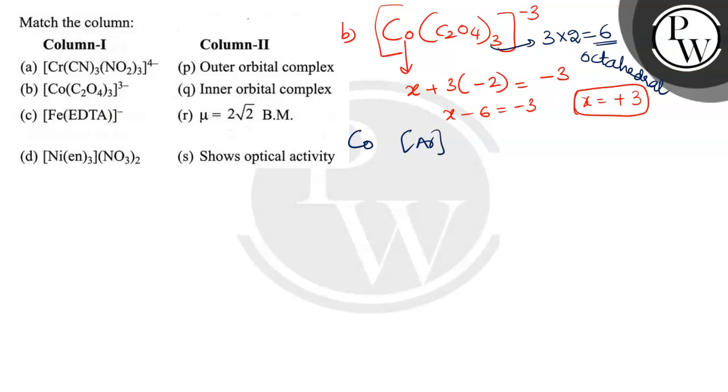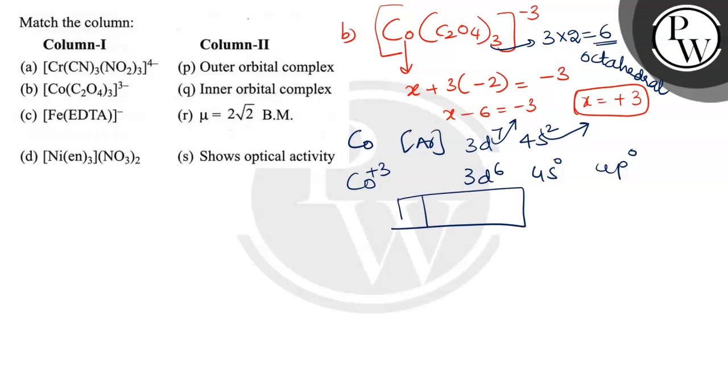So argon 4s2 3d7. This is its configuration. But cobalt is in the +3 oxidation state. So 3 electrons are lost, 2 from 4s and 1 from 3d. So it becomes 3d6 and 4s0, 4p0. So okay, this is outermost. And this is d with the 6 electrons, and s orbital and p orbitals are vacant.